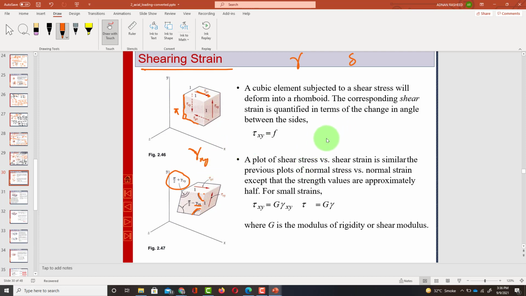So जिस तरह आपको याद हो, stress is equal to E into epsilon x. अगर x डायरेक्शन में, अगर y में है तो ये y हो जाएगा. So this is Hooke's law for linear stress or linear strain के लिए. So here shear stress is represented as tau equals G into gamma. Now tau, you can see this is stress, but this is normal stress. This is stress, this is shear stress.